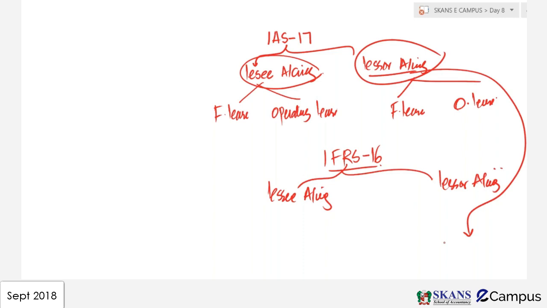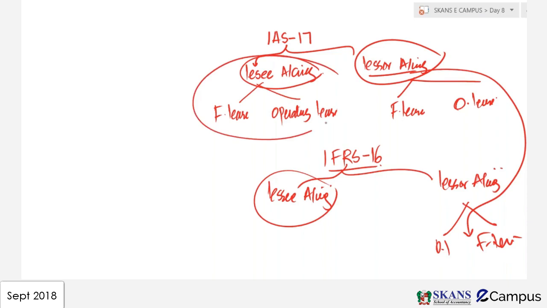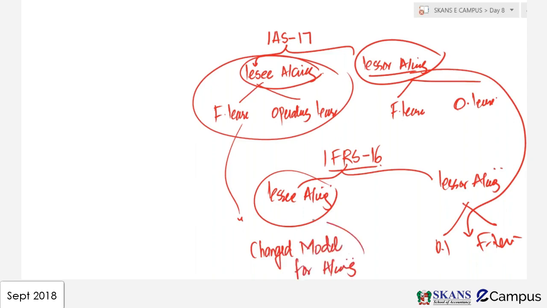So it means IFRS 16 has taken all the lessor accounting as it is from IAS 17. So IAS 17 lessor accounting and IFRS 16 lessor accounting are both the same. So still the same accounting, operating lease and finance lease for lessor. But guys, for lessee, the accounting has been changed. So there is a changed model for accounting. So we are going to study the changed accounting for lessee.